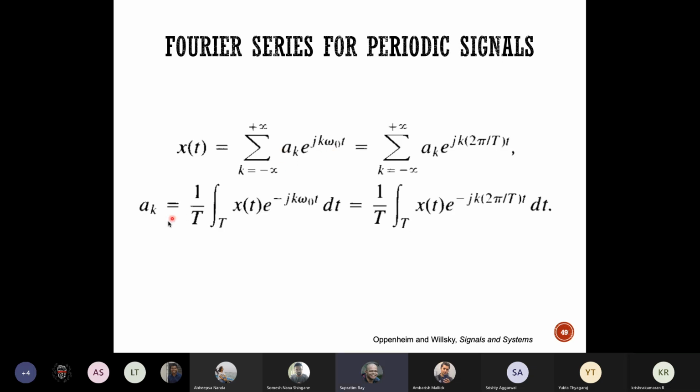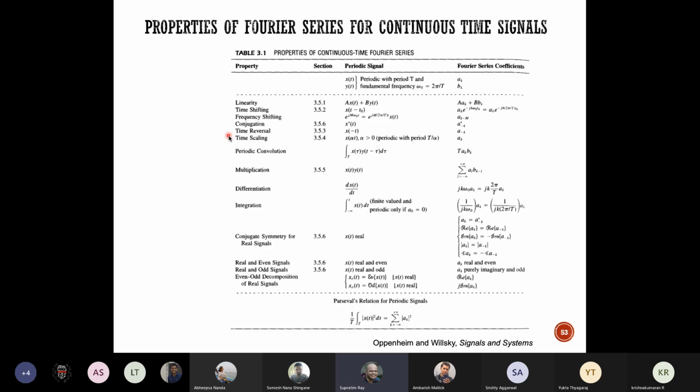And the coefficients can be obtained by taking the integral over a period of x after multiplying it with e to the power minus j k omega naught t. That's how you get a_k. As you change k here, you get different coefficients. I'm just going to apply this logic here. Same thing.